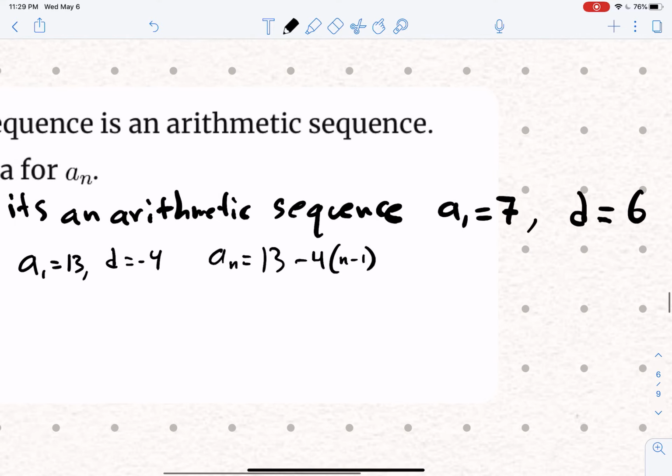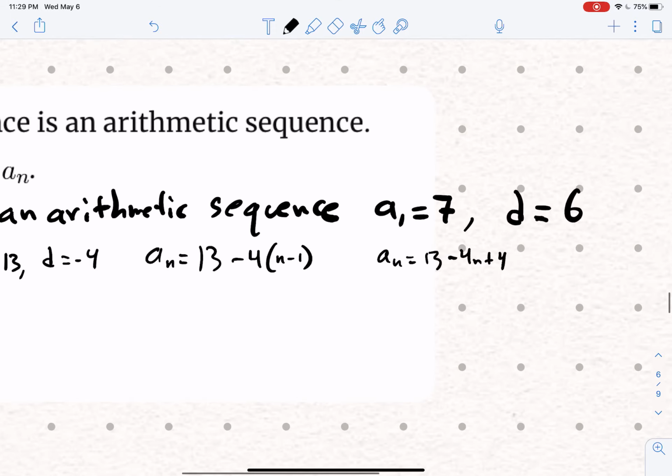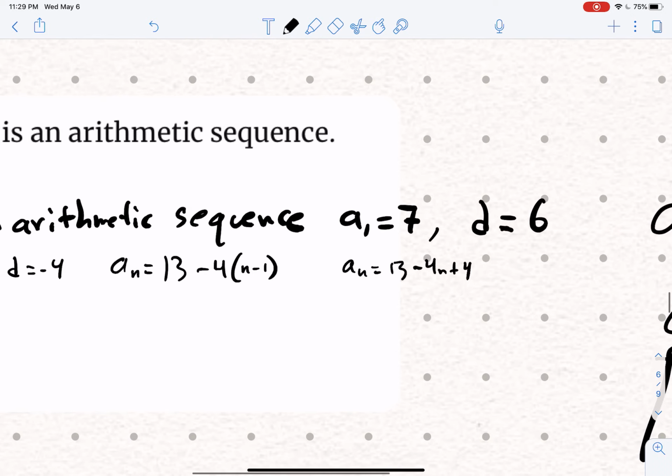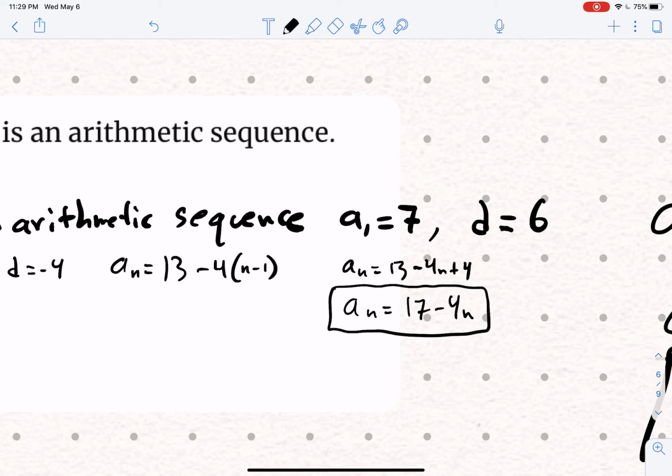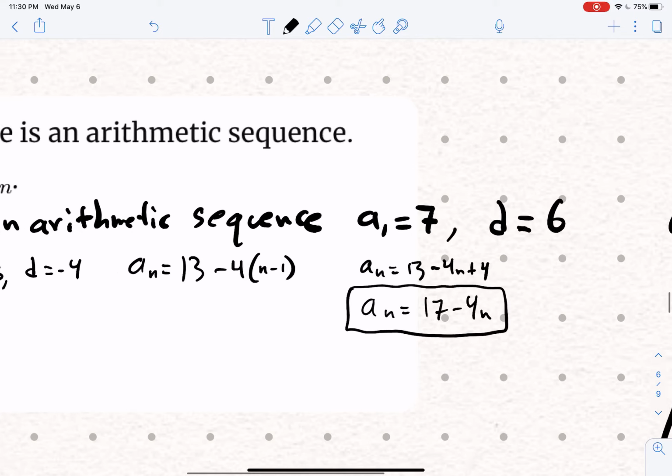If we simplify this by distributing the negative 4 through, then we're going to get AN is equal to 13 minus 4n plus 4. And then combining the numbers here, we're going to get that AN is equal to 17 minus 4n. Okay, that's our general formula for the arithmetic sequence given in part B.